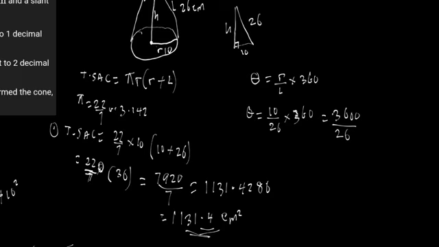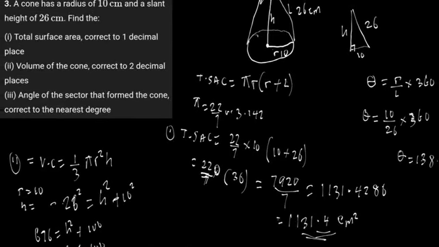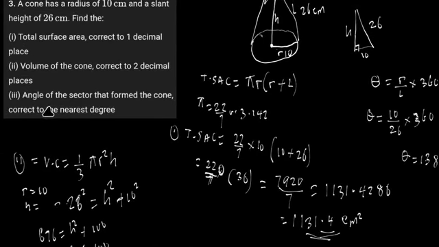That gives us 138.462, and we still have many digits like that. But the question said I should correct to the nearest degree.